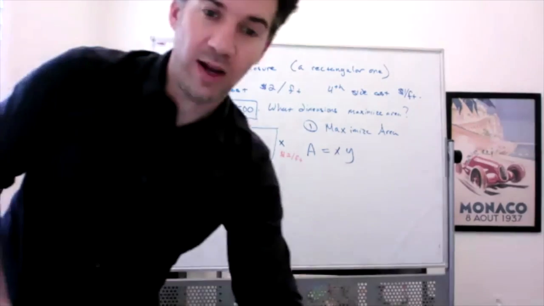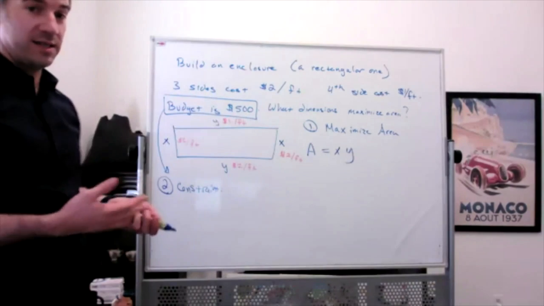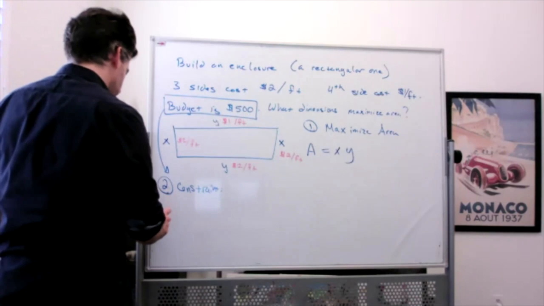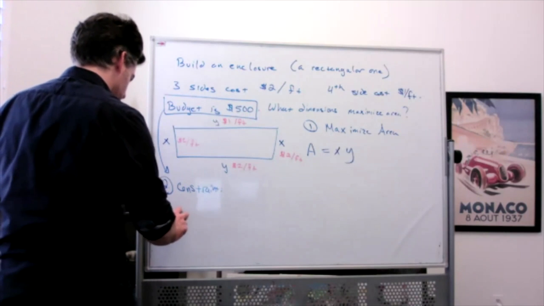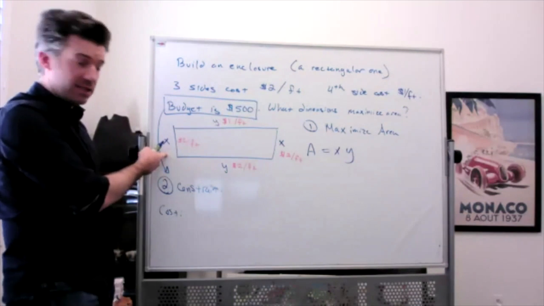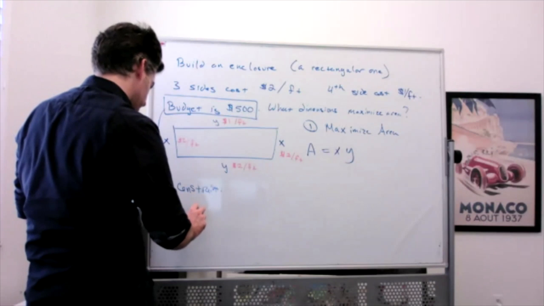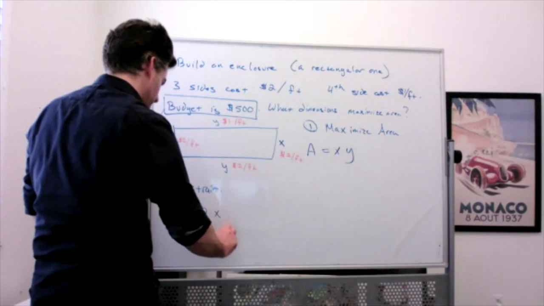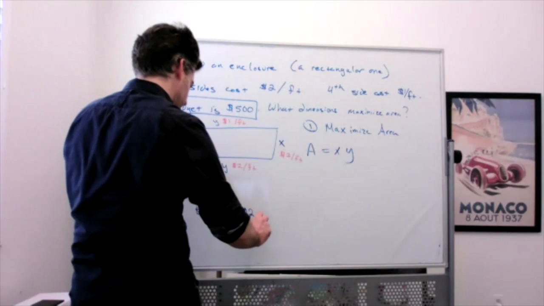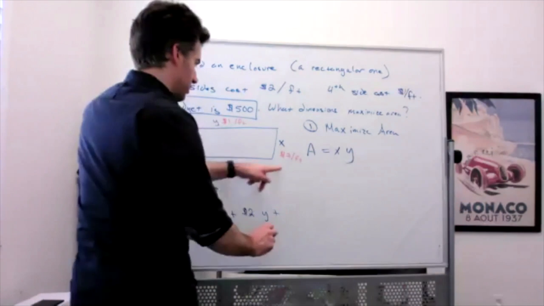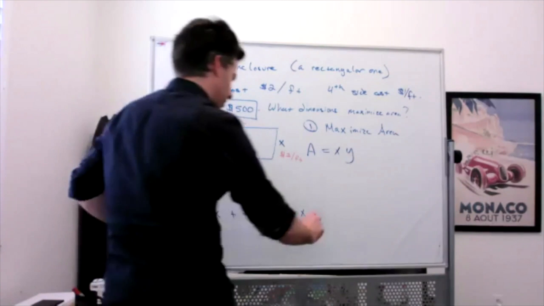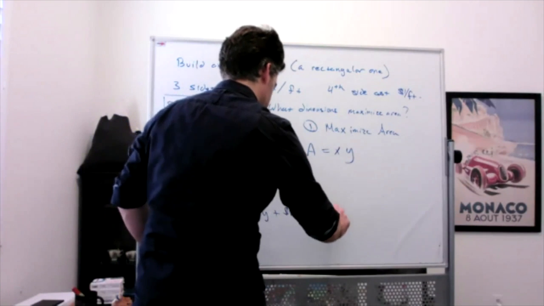So now we want to write an equation for what the cost is going to be based on the dimensions. So the cost is going to be $2 per foot times X feet plus $2 per foot times Y feet plus $2 per foot times X feet plus $1 per foot times Y feet.